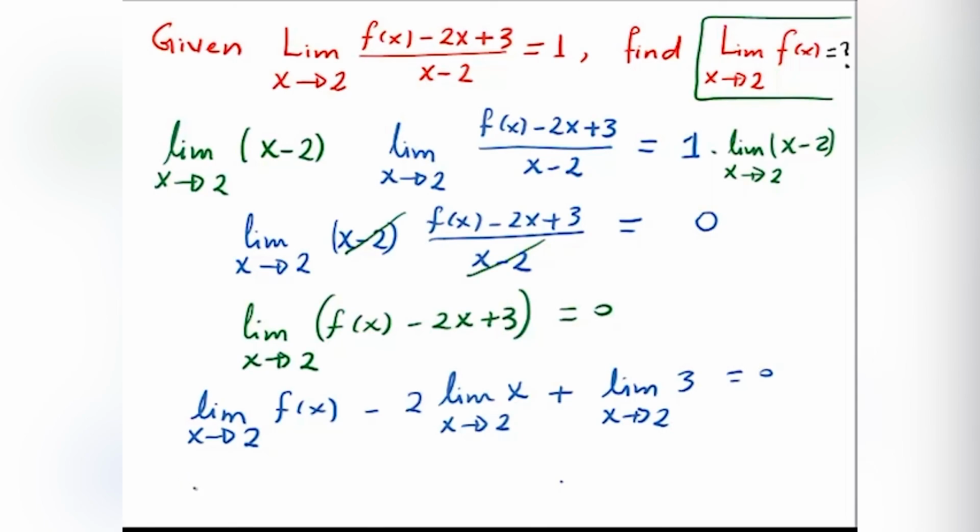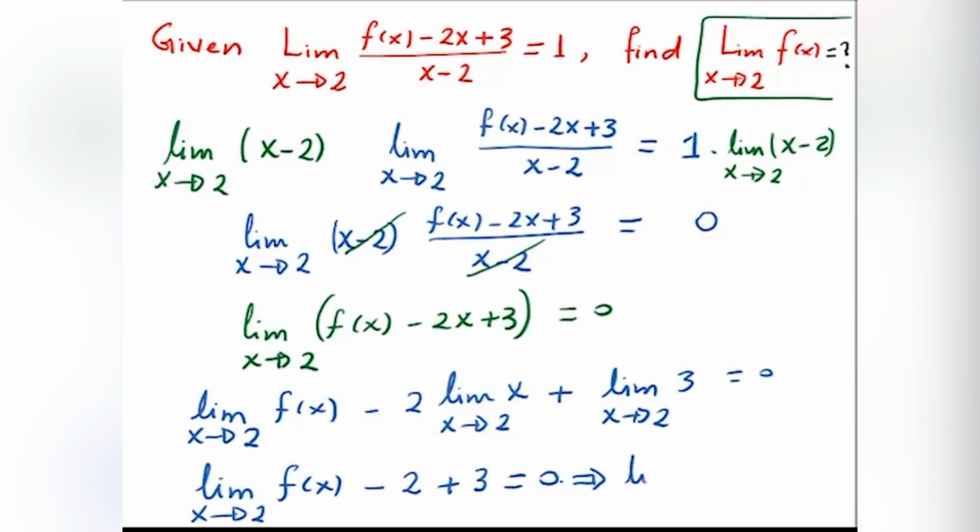And this is very simple. This is just the limit of f of x as x goes to 2 minus 2 plus 3 equals 0.